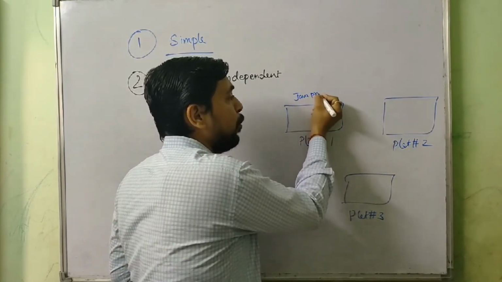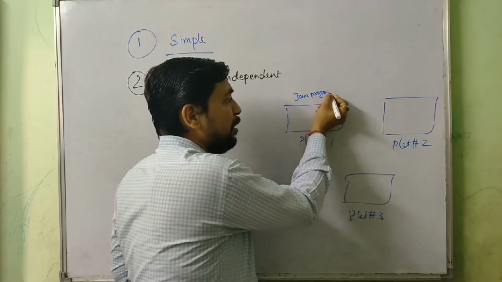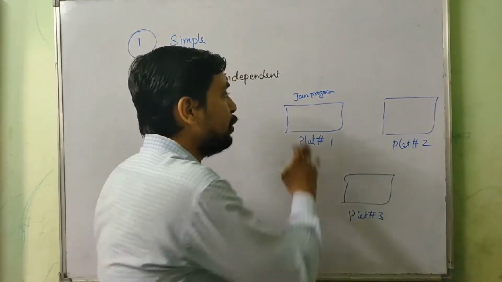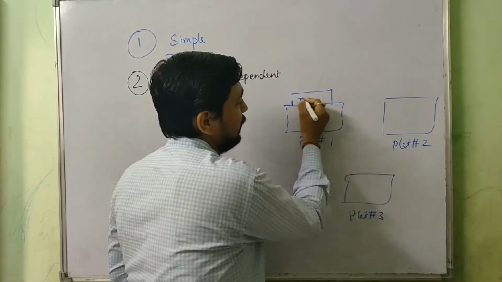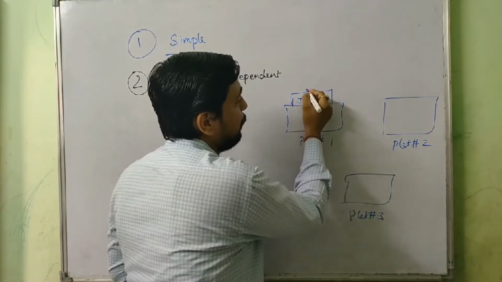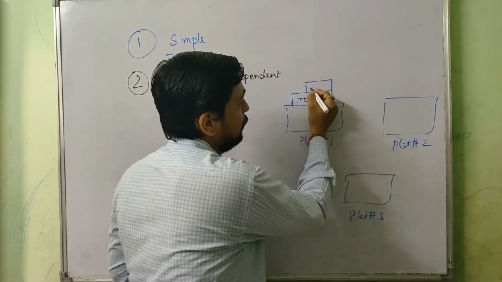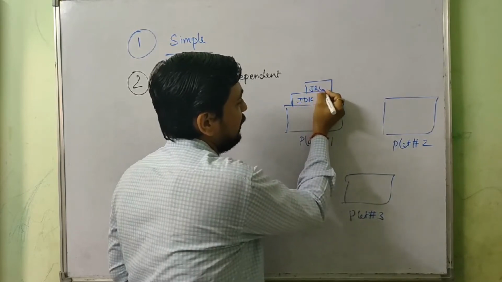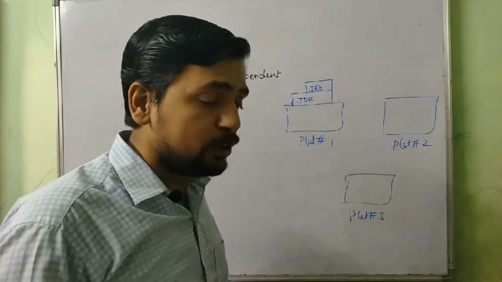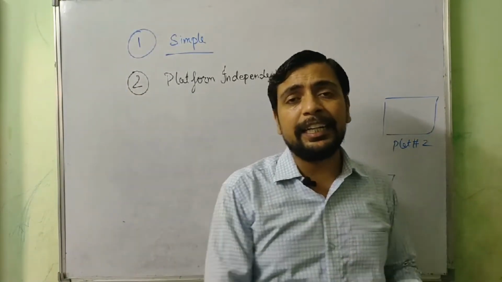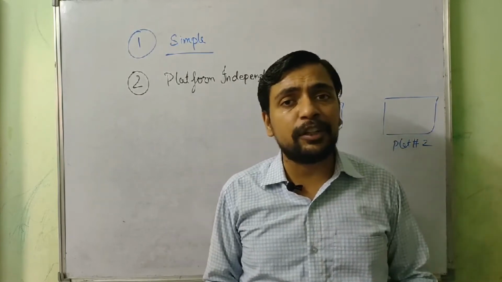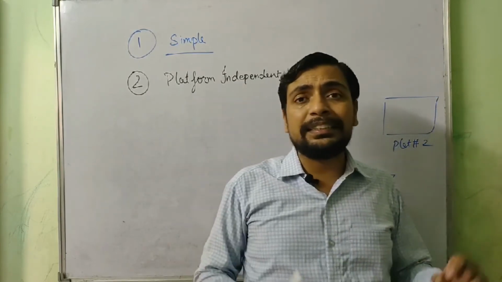Now we know to develop a Java program, what do you need? You need a JDK. That means this certain platform has a JDK. Now your Java Development Kit has a JRE. So whenever you install a JDK, JRE is also installed. Now what is JDK? Java Development Kit, a kit that provides all the tools necessary for development in Java. And what is JRE?